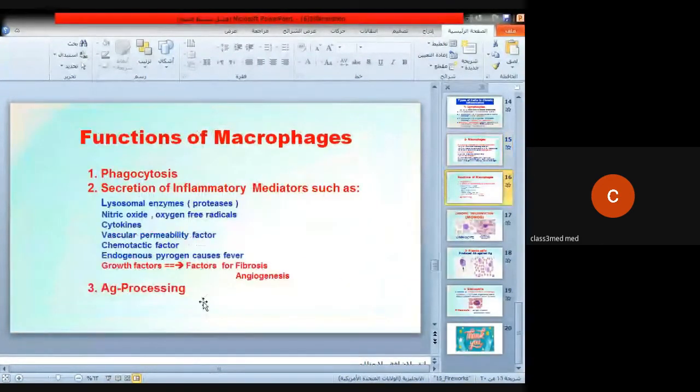What are the functions of macrophages in chronic inflammation? The most important function is phagocytosis; they are powerful phagocytic cells, like neutrophils.